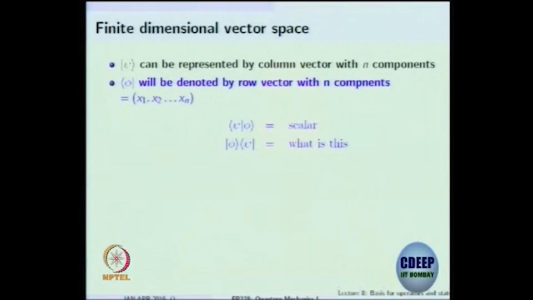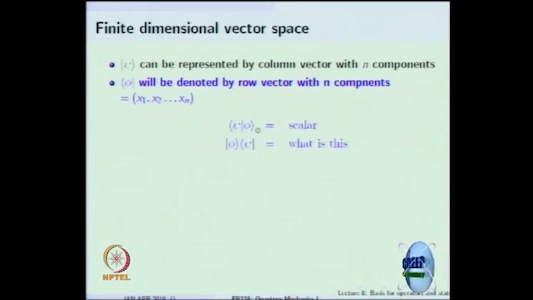Similarly, the dual of this ket, which we call a bra, some other state, will be denoted by a row vector. Suppose the entries in the n components are x1 to xn, some kind of n-tuple. These x1 to xn could be real if it is a real vector space, or complex if it is a complex vector space. With these two states in the vector space and the dual vector space, you can find an inner product.